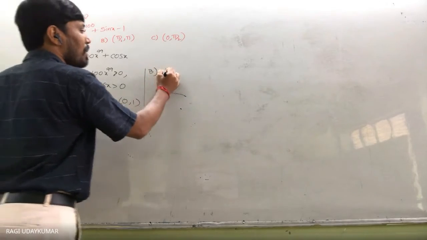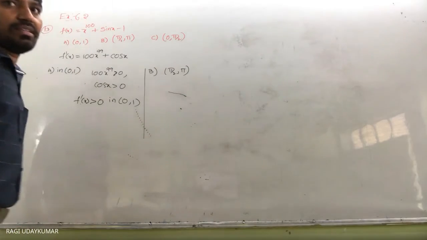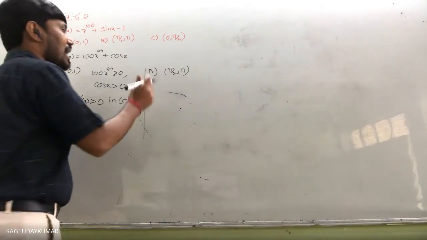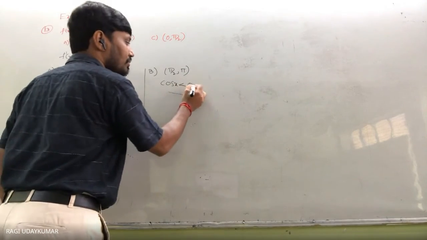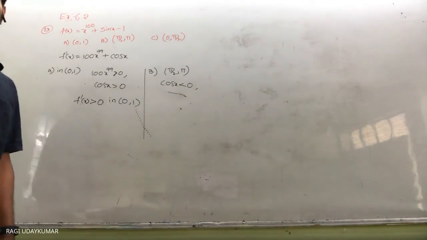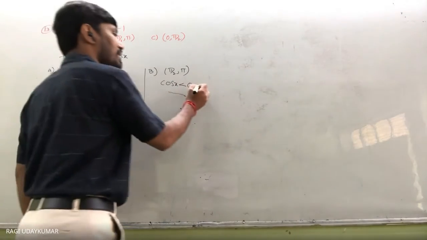B is pi by 2 to pi. So pi by 2 to pi is nothing but the second quadrant. In the second quadrant, what is cos x here? It will be less than 0. Cos x is negative, isn't it? In the second quadrant.